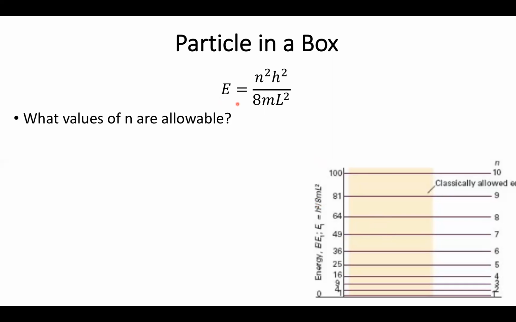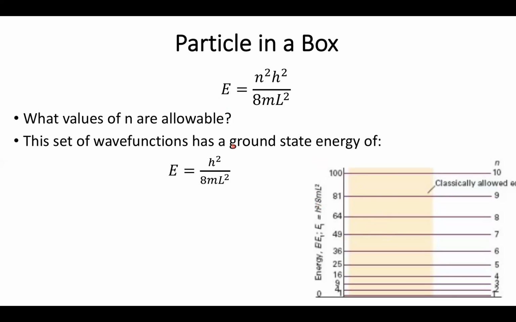So it always has to have some value of kinetic energy. So our lowest possible value is 1. So this means that a particle in a box always has a ground state energy. It always has some sort of intrinsic energy.